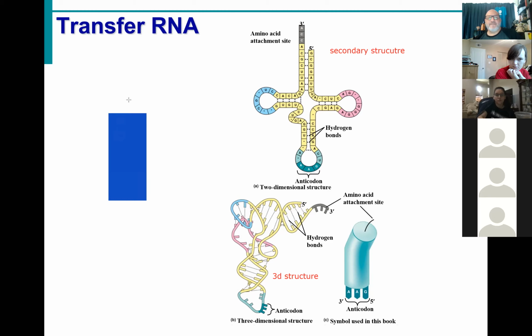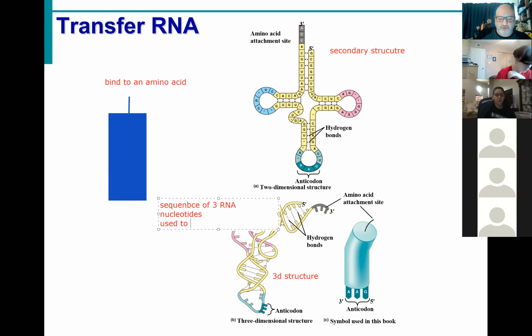Notice at the top of the transfer RNA is a tiny little sequence where it is able to bind to an amino acid. And down here, at the very bottom, it has a sequence of 3 RNA nucleotides that are used to identify the RNA.